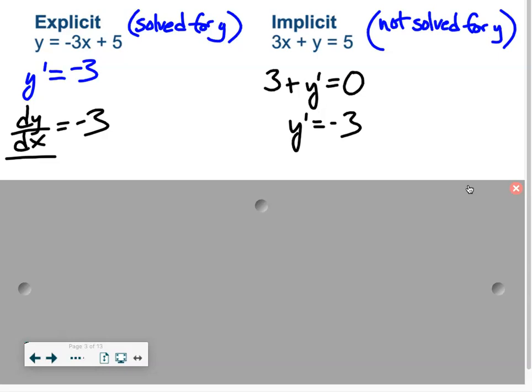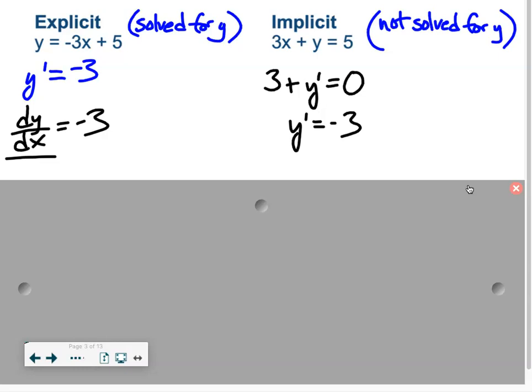Remember, a derivative gives you what? Slope. What else have we called it? Instantaneous rate of change, right? Say y represents my weight, and let's say x represents my height.